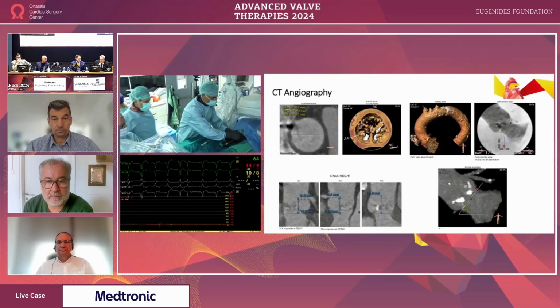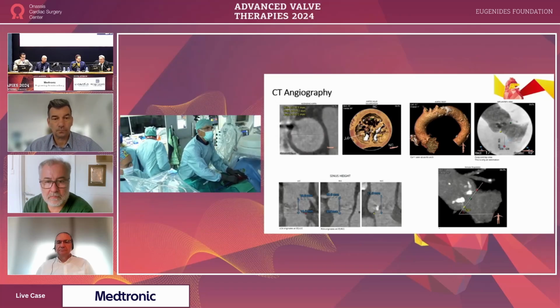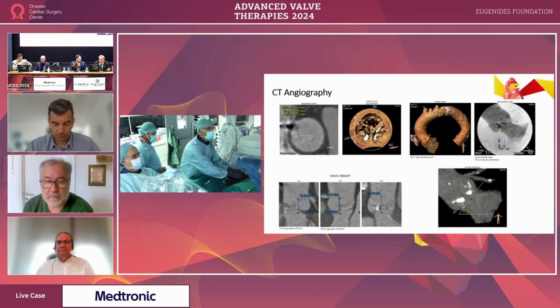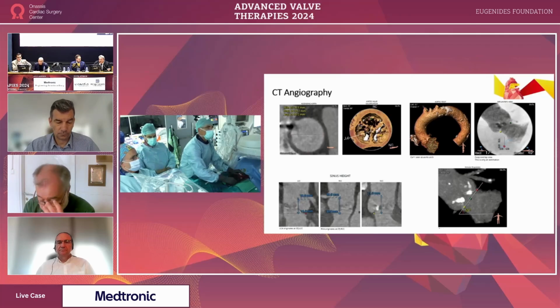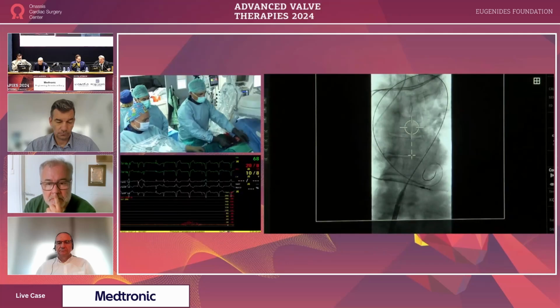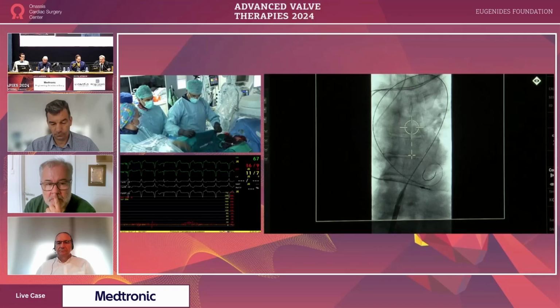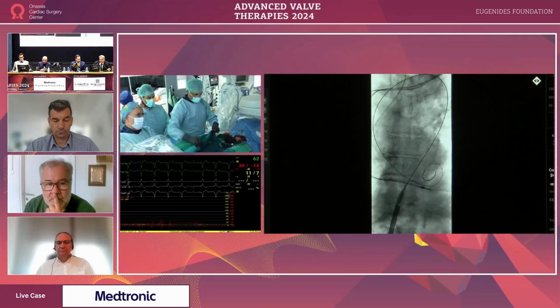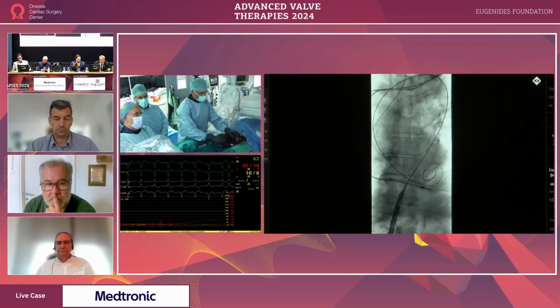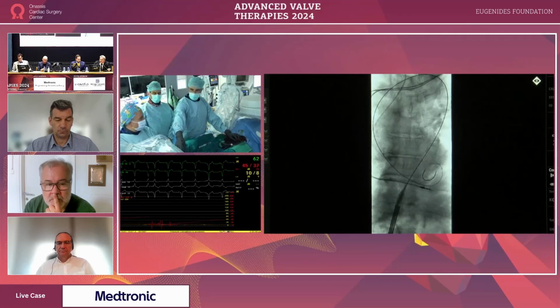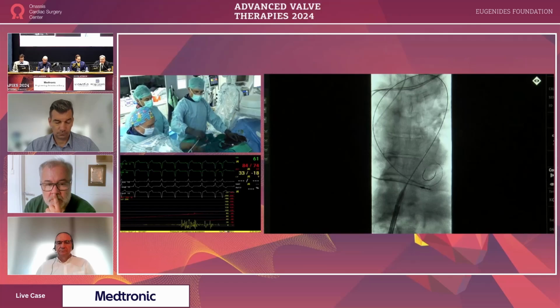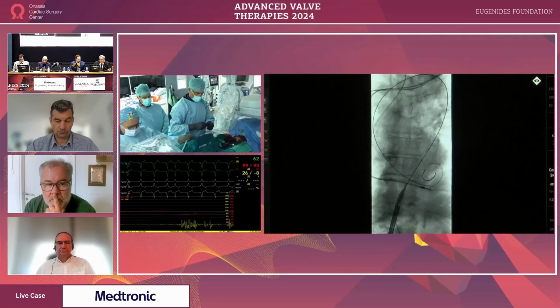If the calcium is over 2/3 of the circle, and especially if there is very dense calcification at the point of the non-coronary cusp, predilation will be useful to see what will happen during valve implantation. And for predilation, it is very important to select the appropriate balloon size. It must be below the minimal diameter. That must also be taken into account from the CT views.